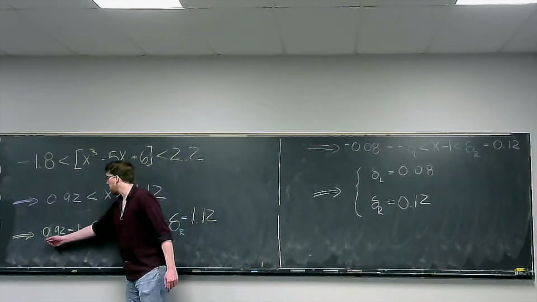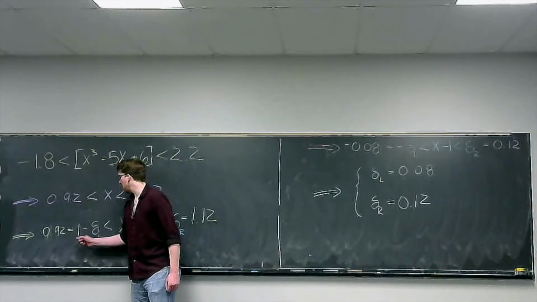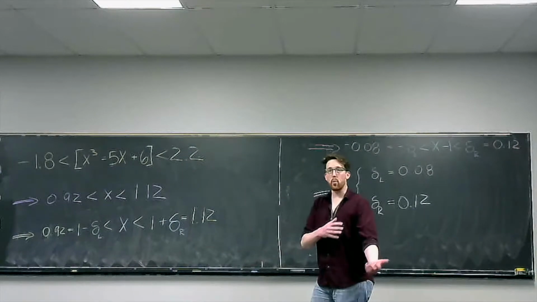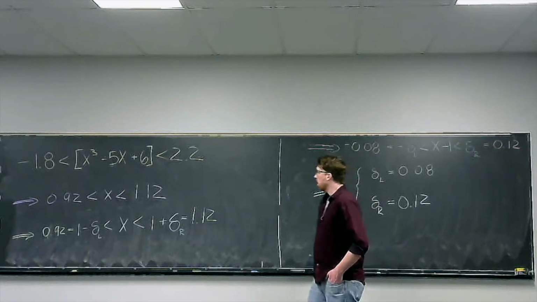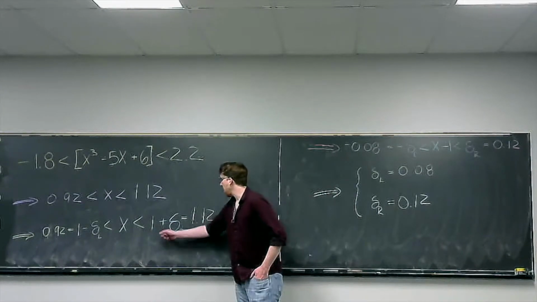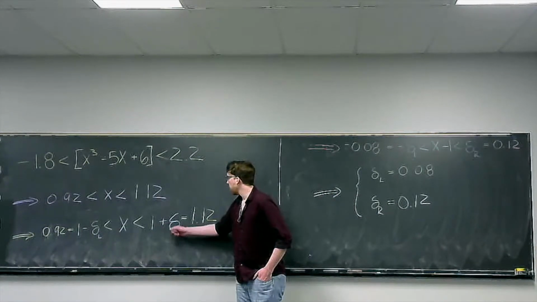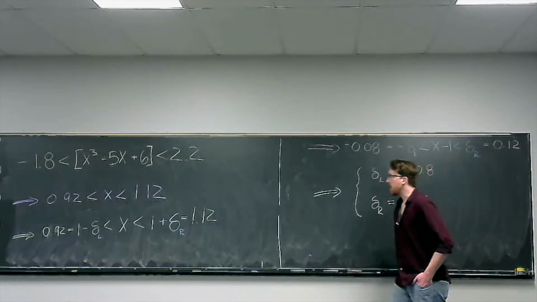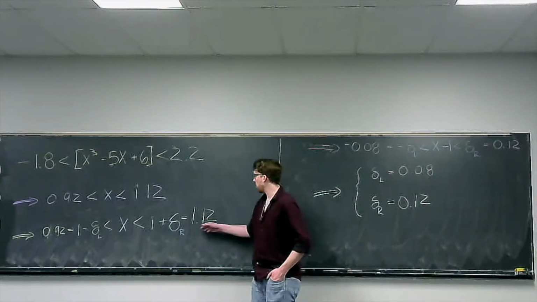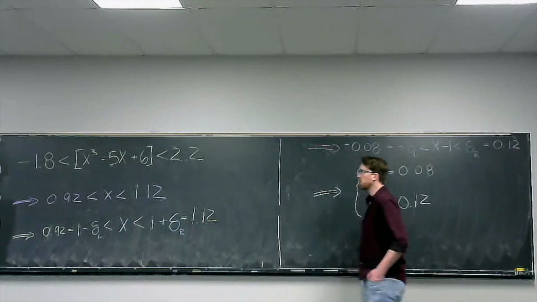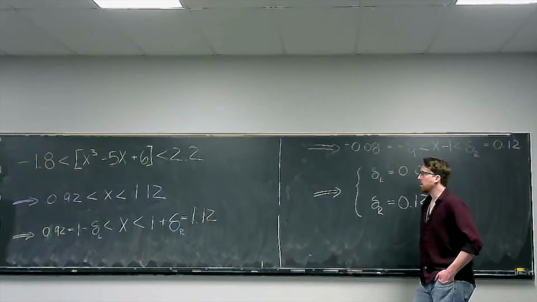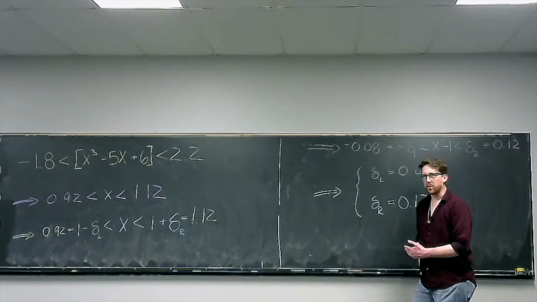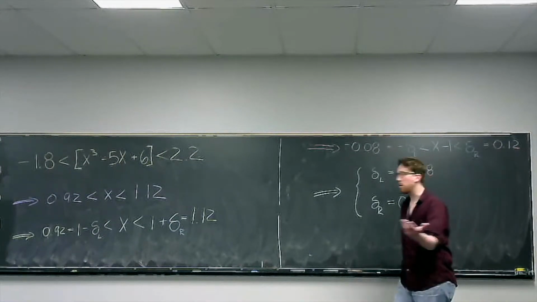So 0.92 is equal to 1 minus delta L for the left lower bound, and 1 plus delta R for the right delta, or the upper bound, right? And that's going to be equal to 1.12. Well, if that's the case, we could just subtract 1 from all of that, couldn't we? Yeah, there's no problem with that.